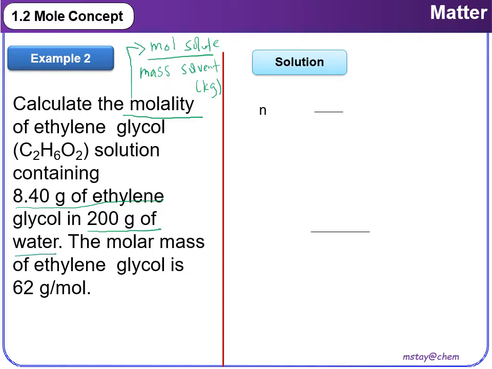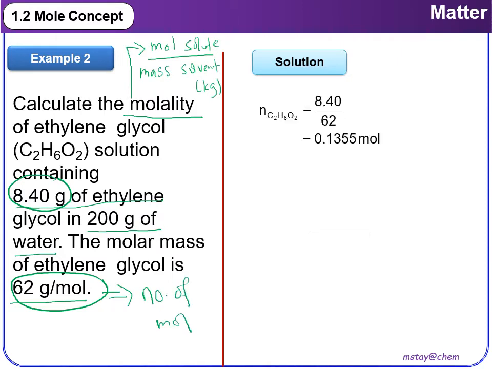The molar mass of ethylene glycol is 62 gram per mole. So we have the mass and the molar mass. These two pieces of information can help us to determine the number of mole, which is 0.1355 mole. So we settle the mole of solute.